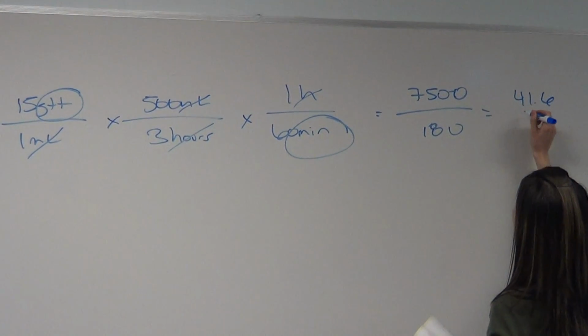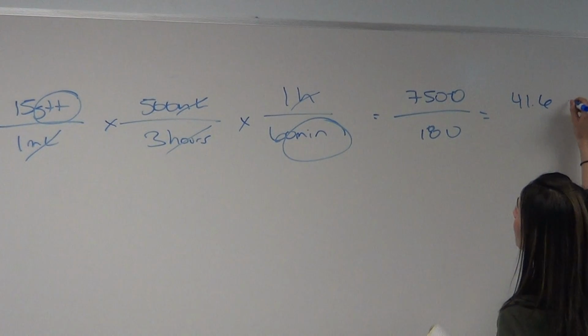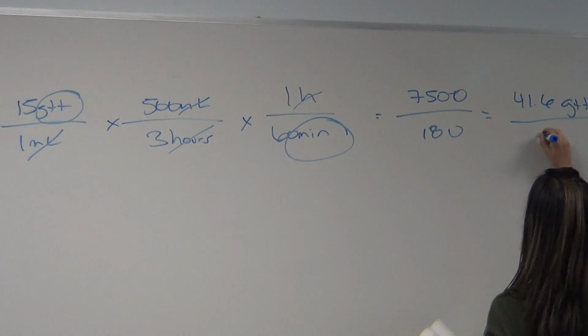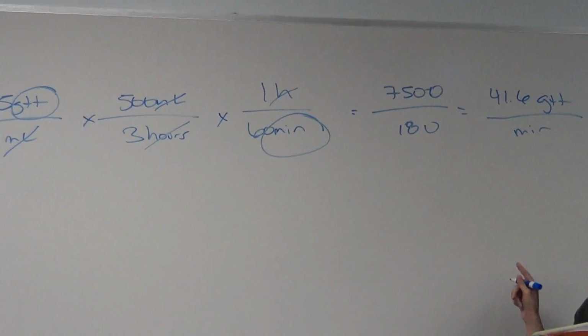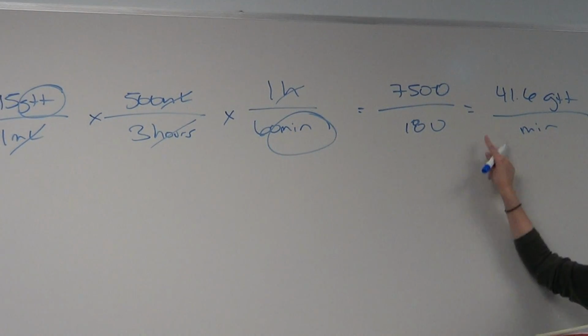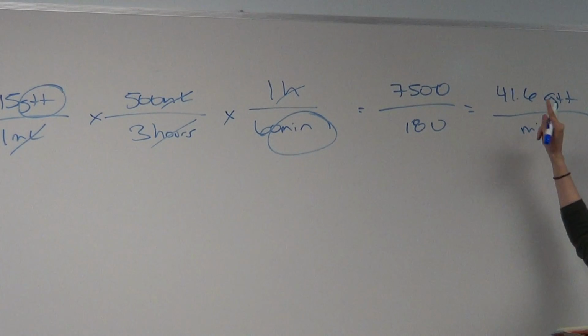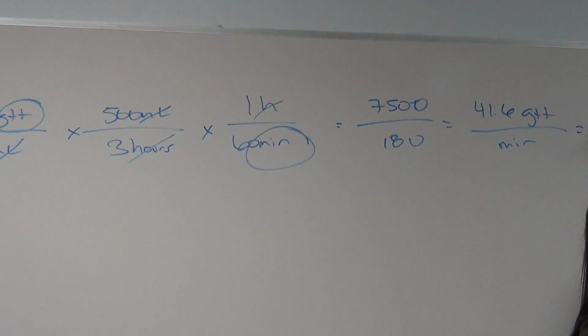Well, let's just make sure we do this right. If we end up saying 41 GTT per minute, will you get that answer wrong? Yes. 42. How do we round it to the whole number? 0.6 rounding goes to 42. Yes.